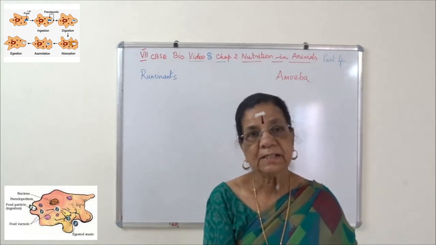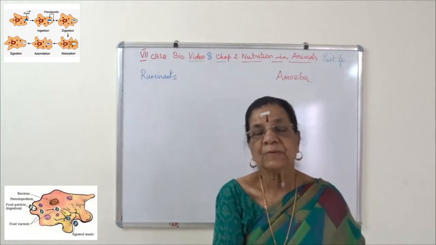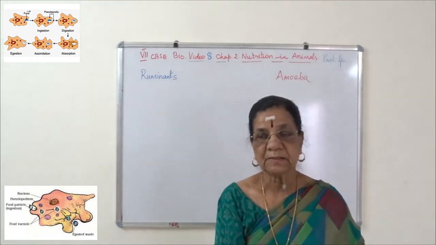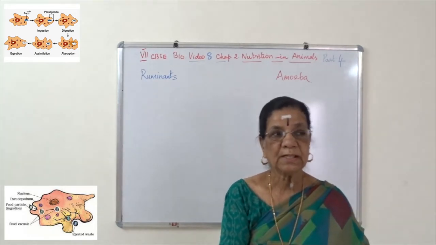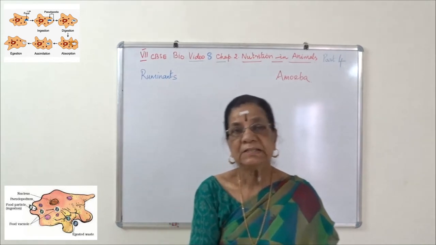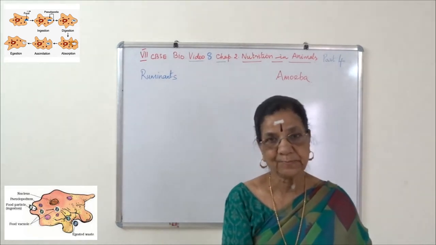And they have special type of stomach structure for digestion, because in plants the carbohydrate, especially cellulose, is not easily digestible.